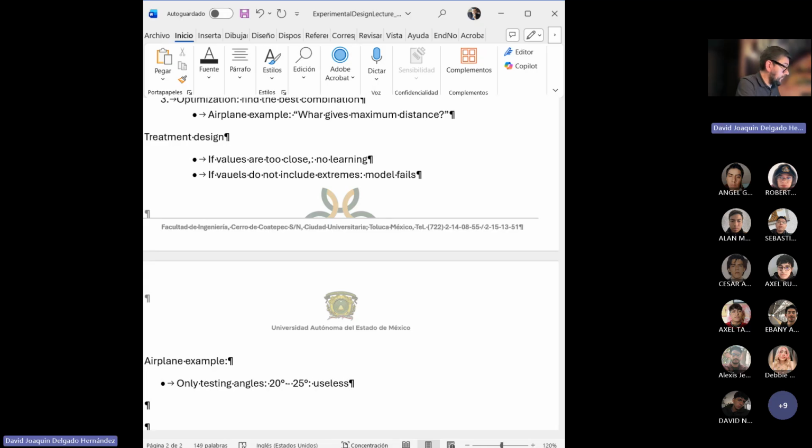It is useless, okay? Another point, if I am not testing extreme angles, then artificial intelligence fails in the real world.